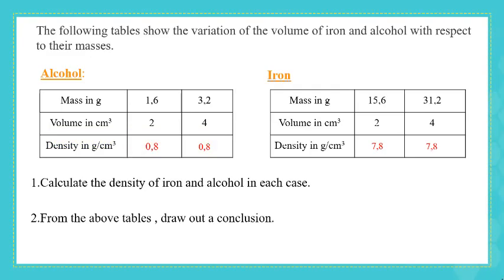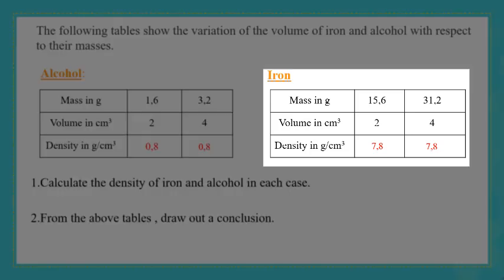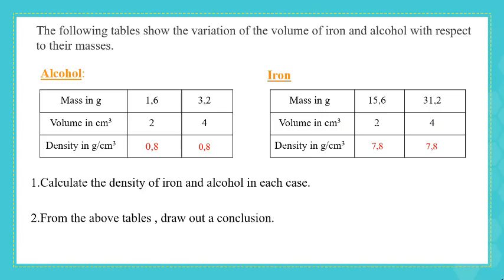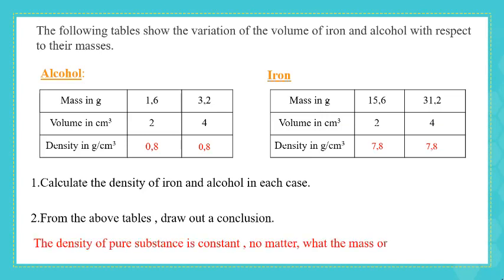This is also what happened in the second table that refers to iron, where its density remains constant at 7.8 gram per centimeter cube. So, the density of a pure substance is constant, no matter what the mass or the volume is.